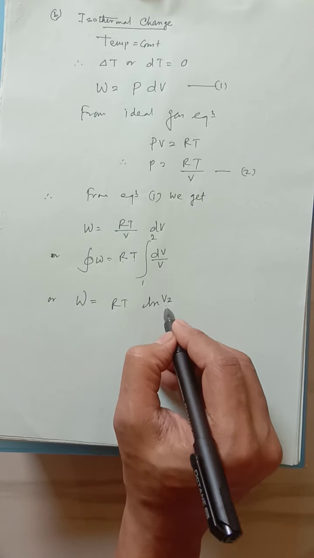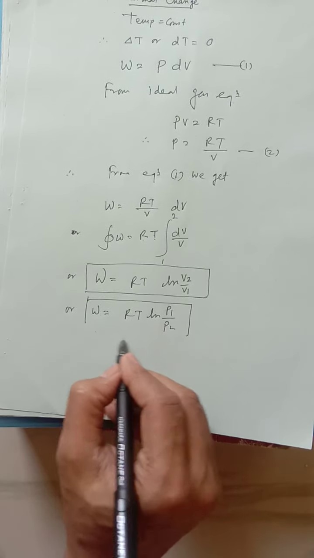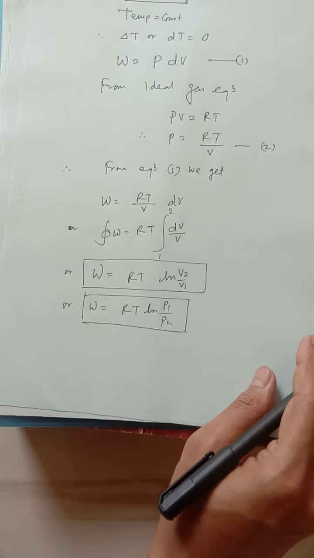Now if we want to express it in terms of pressure, it becomes ln P1 by P2. Why? Because we all know that P1 V1 equal to P2 V2. So from this relation we can easily find V2 by V1 equal to P1 by P2. So this is the W calculation for isothermal change.